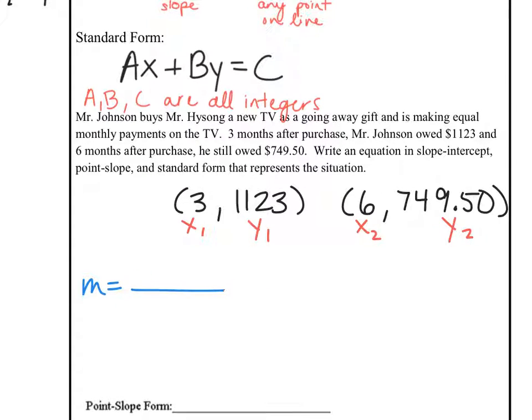Let's go ahead and just put in the numbers. y2 is 749.50. If you do this in a little bit different order, it's okay, just make sure that you start with the same point on the y and the x. Change in y goes on the top. Change in x goes on the bottom, so I started with the second point, so I have to start with it on the bottom as well.